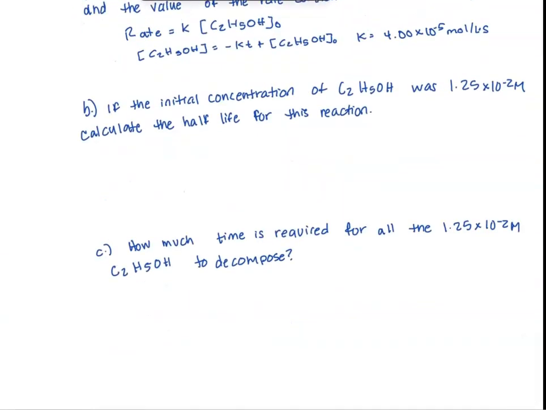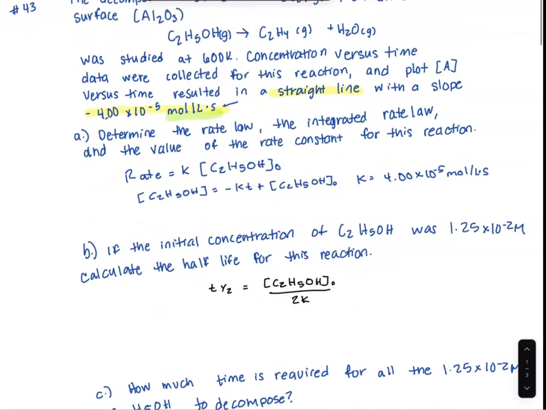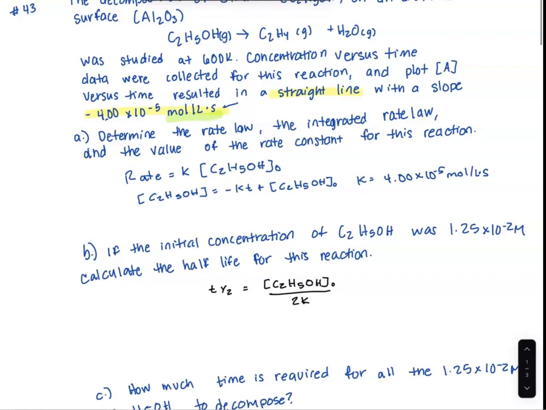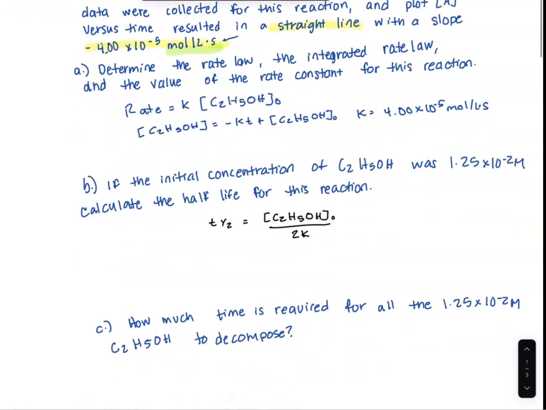So in this case, time half, which is written that way, equals our concentration, again C2H5OH, over 2K. Now our units were given in the problem, so we just have to refer to them.